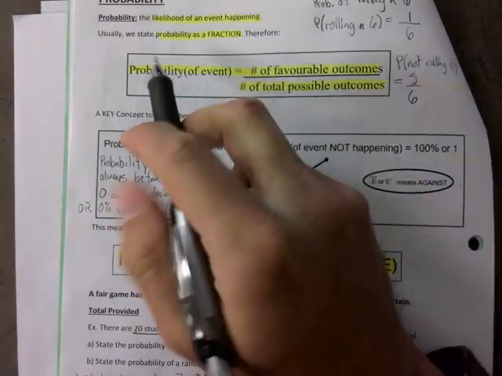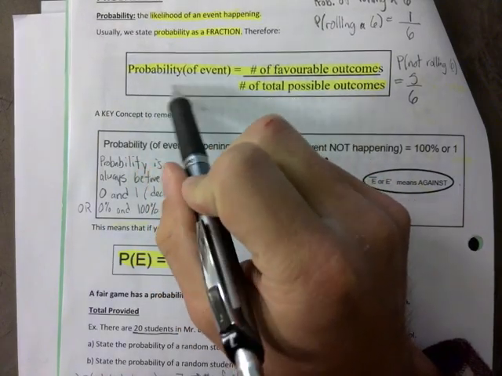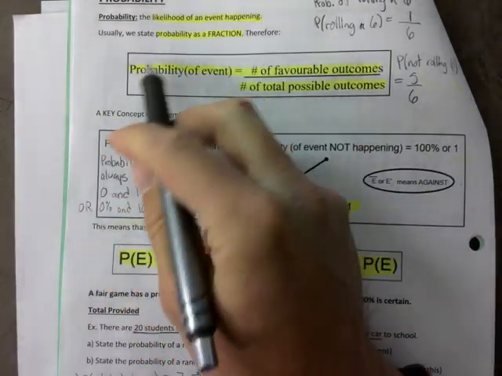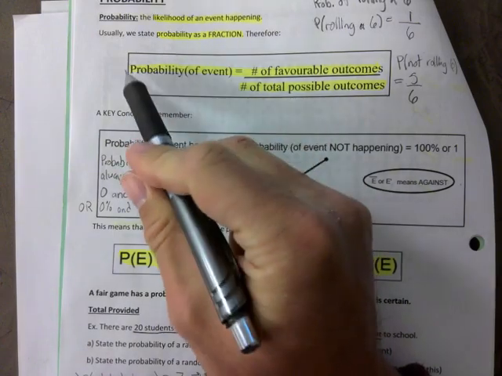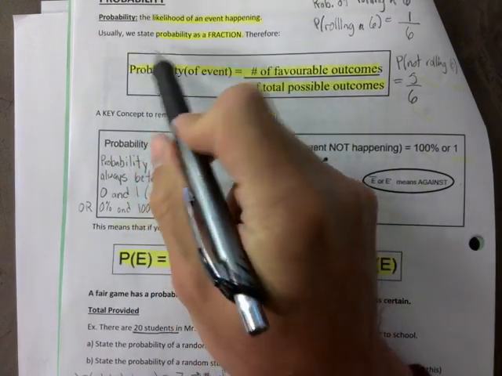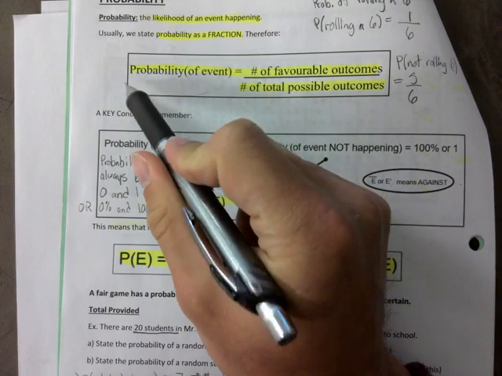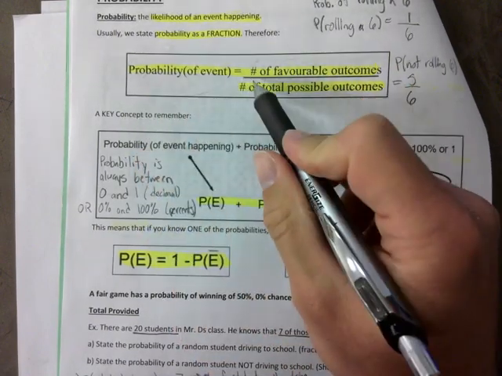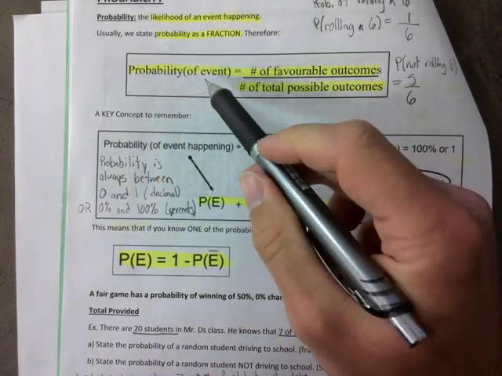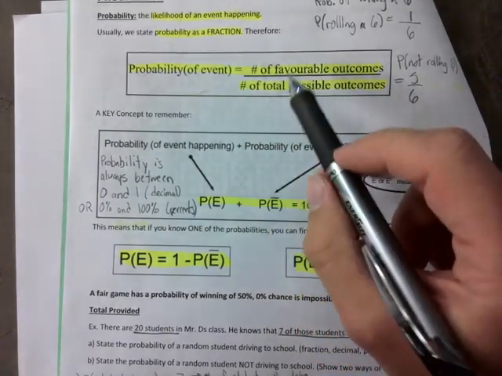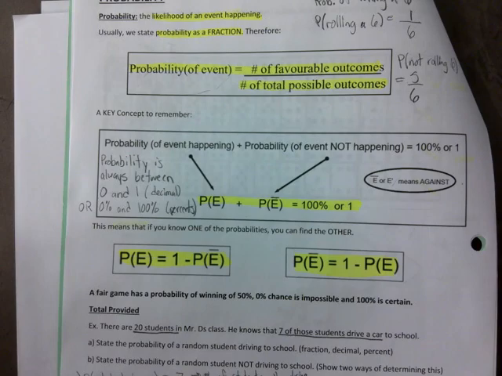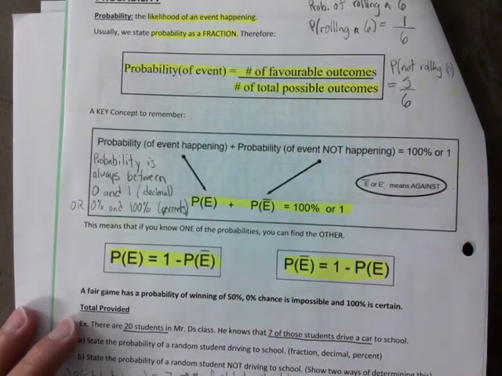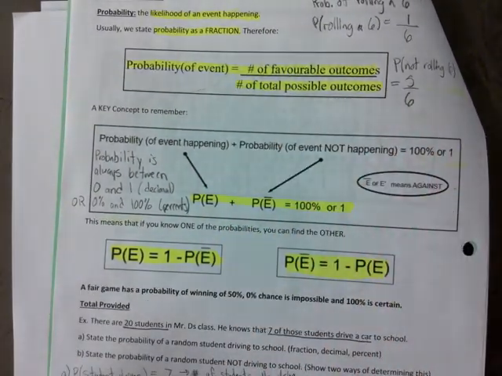There are 3 ways to present probability, but the way that we often figure it out first, kind of the definition, is that it's stated as a fraction. The probability of an event is the number of favorable outcomes, or desired outcomes, over the total number of possible outcomes.